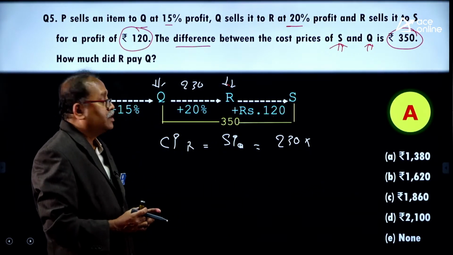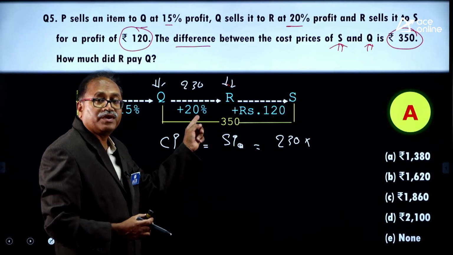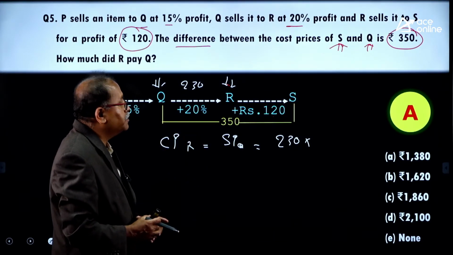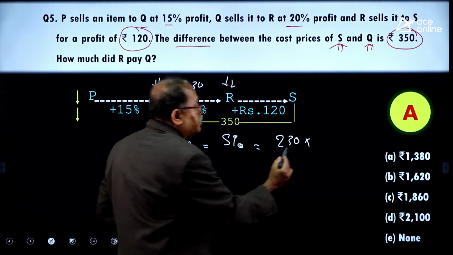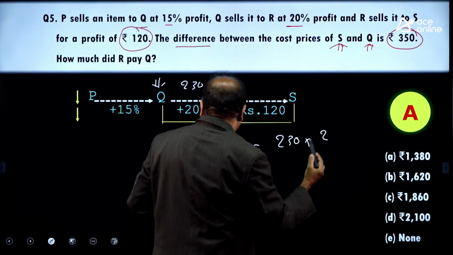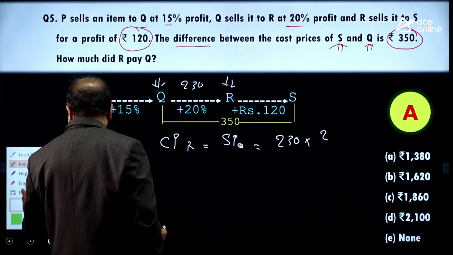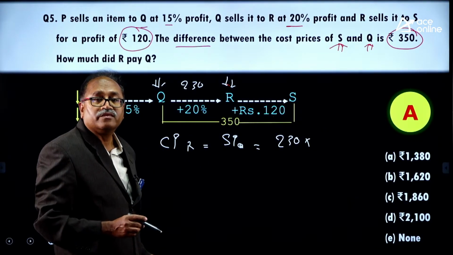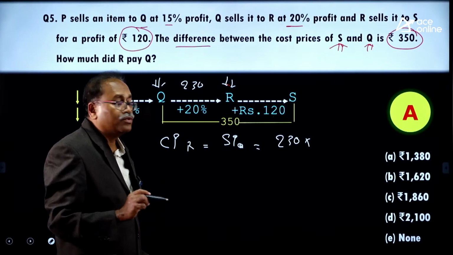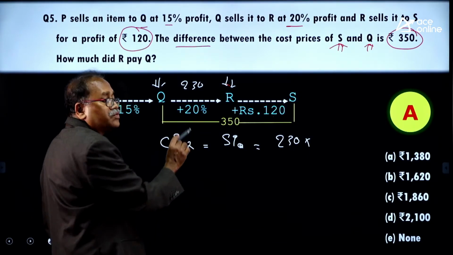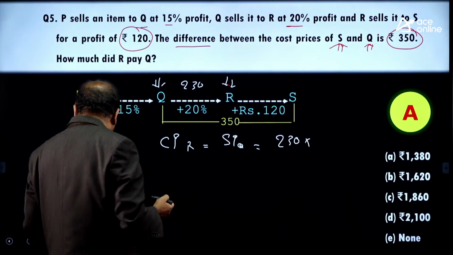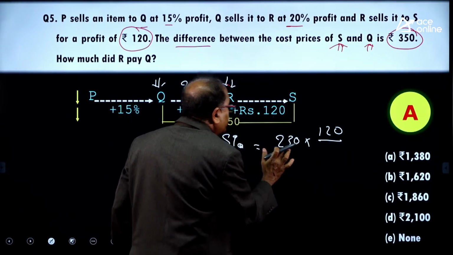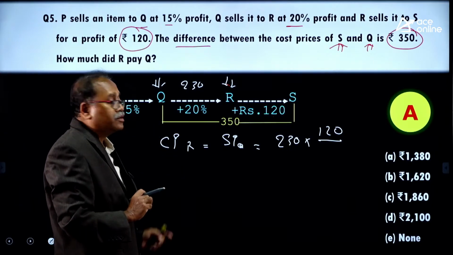into, here it sells at 20% profit, right, my dear friends. I need to find out 120%, because I need the selling price of Q, and the selling price of Q is 100 plus 20, 120%. So, I will multiply this by 120, and 230 is what percentage of the cost price of Q?